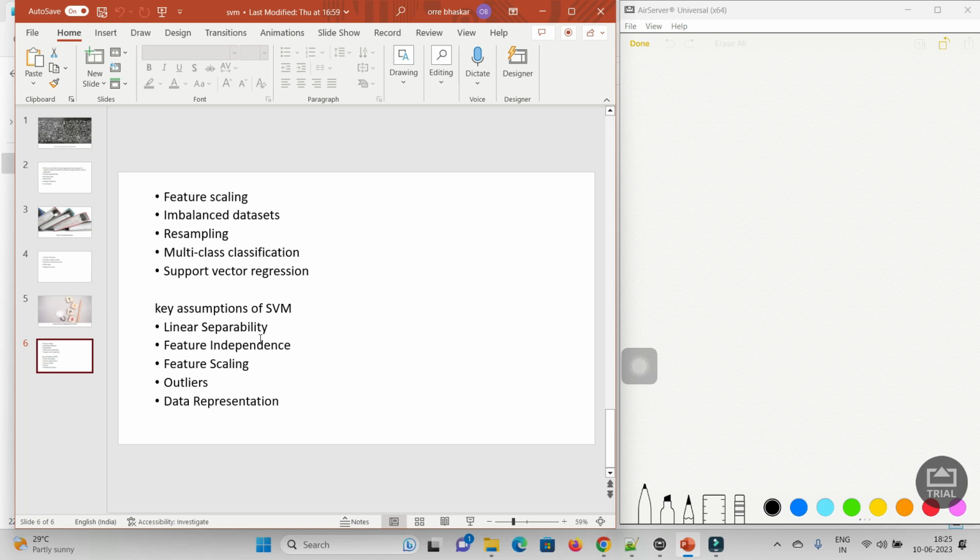Before we wrap up, let's touch upon some recent advancements and extensions of SVM. Support vector regression and support vector clustering are all exciting areas where SVM can be further developed. SVR, support vector regression, takes a different approach by using support vectors to define a flexible and robust regression model.